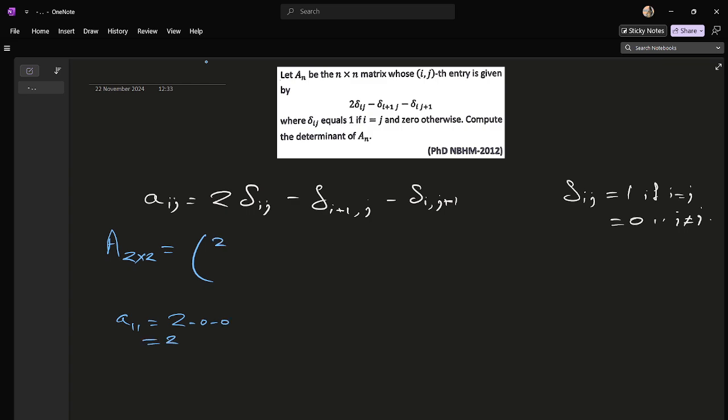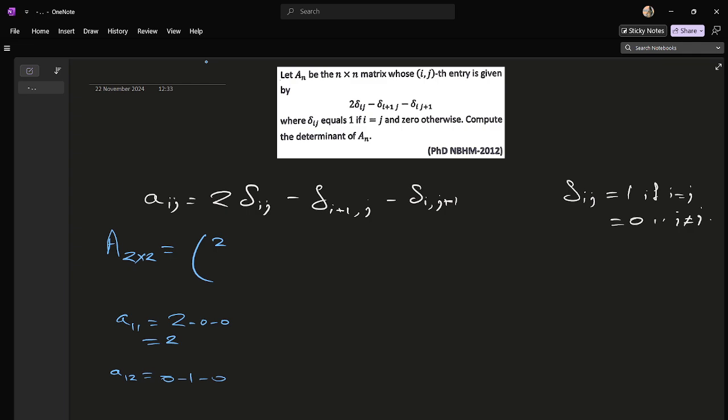So our first entry is 2. Now what will be a12? Delta_12 is 0, and the second term is delta_22, which is 1, so it is 0 minus 1, and the last term is 0.